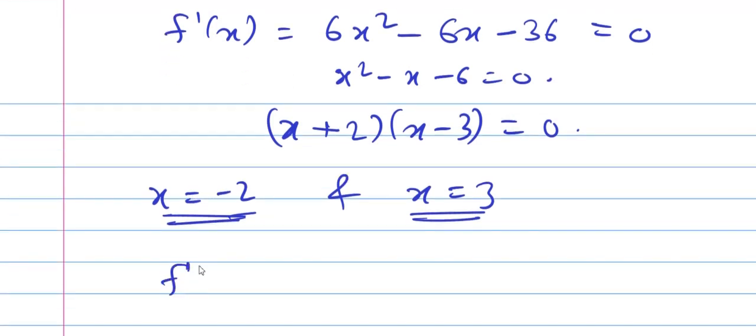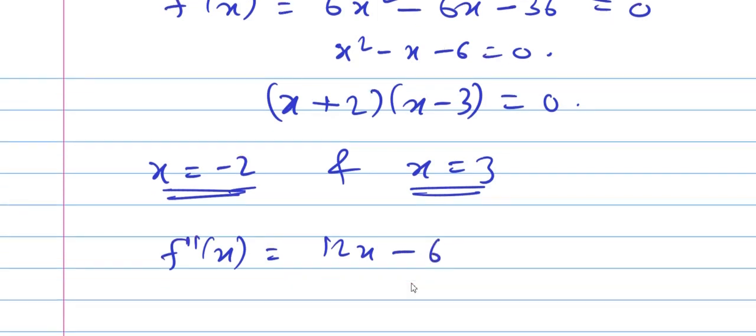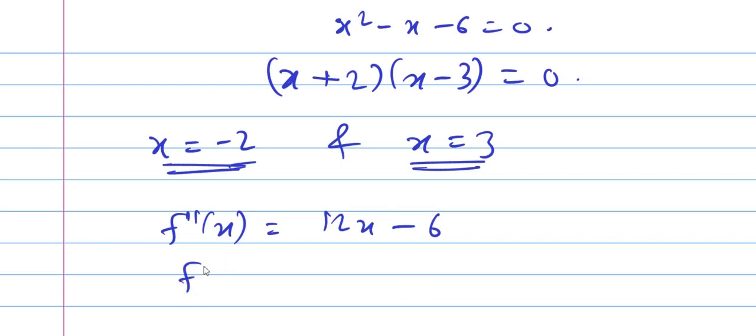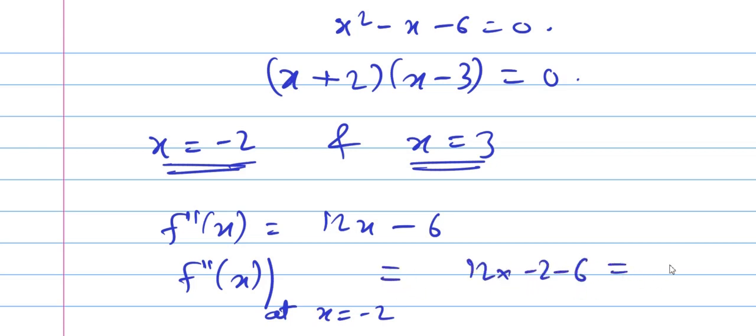So f double dash x will be 12x minus 6. Calculate f double dash x at x equal to minus 2. It comes out as 12 into minus 2 minus 6, that means minus 30, so it is less than 0.